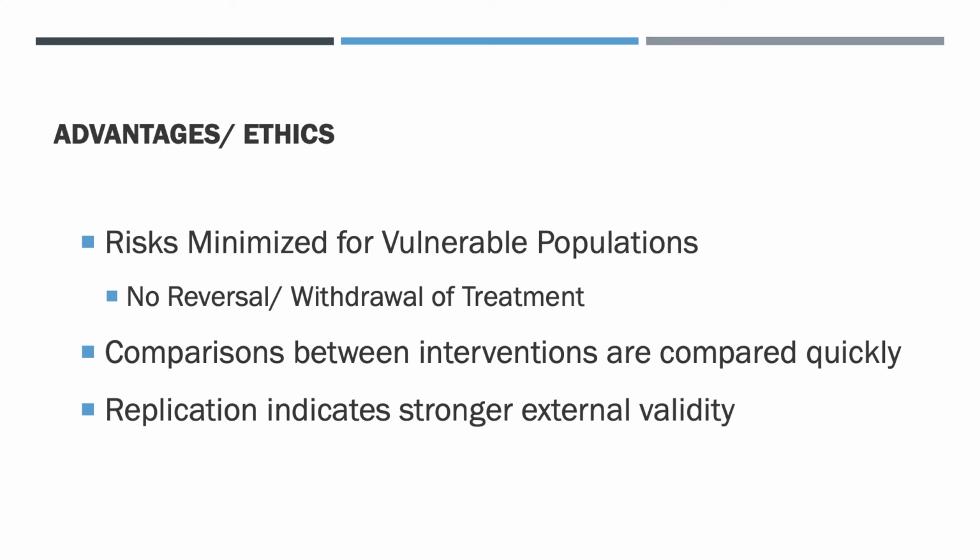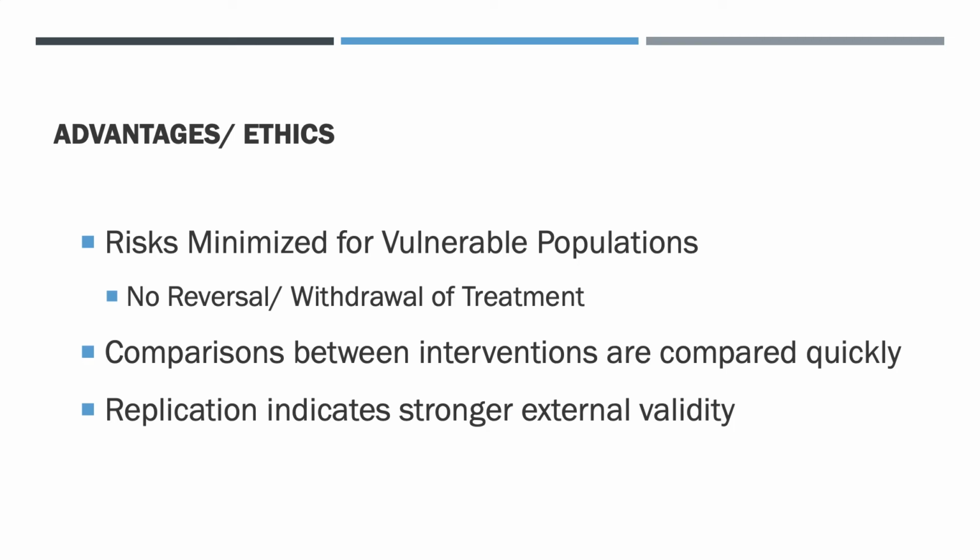Let's talk about the advantages of this design, as well as the ethics behind its use. First and foremost, by not having to reverse our data or withdraw an intervention, we minimize risk for the population this is intended for. This is a vulnerable population for multiple reasons. Both having children as well as children who have special needs who aren't able to assent for themselves makes them a vulnerable population.